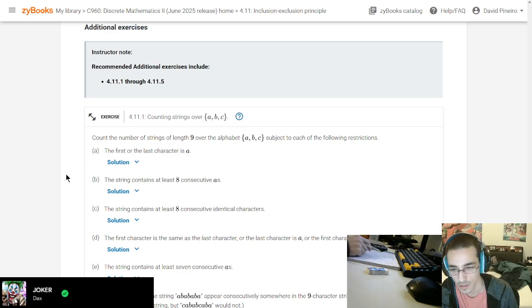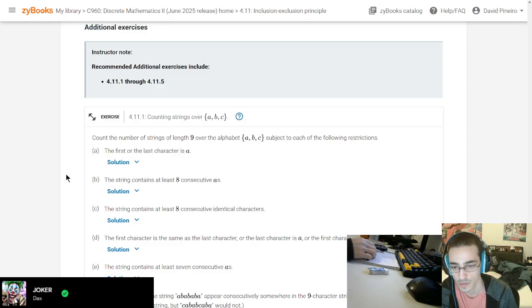If you have 8 consecutive A's, it can be in one of 2 positions, because the length of the string is only 9, so you only have 1 space left to move the 8 A's. So that's 2 different positions.